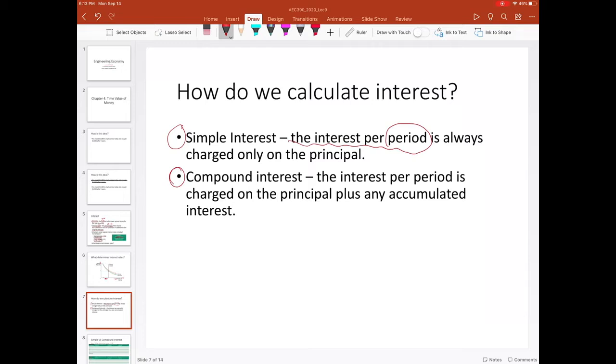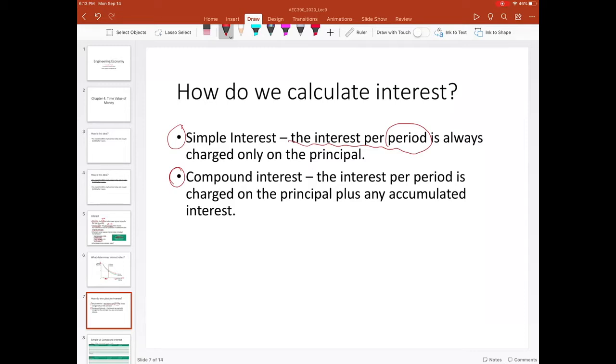That's fixed. So every month or every year, every time you calculate the interest, it's all the same. It's the initial amount, like $1,000 you borrowed, times the interest rate, maybe 10%. So 1,000 times 10%, that will be the fixed interest for every year or every month. Okay, that is called simple interest.